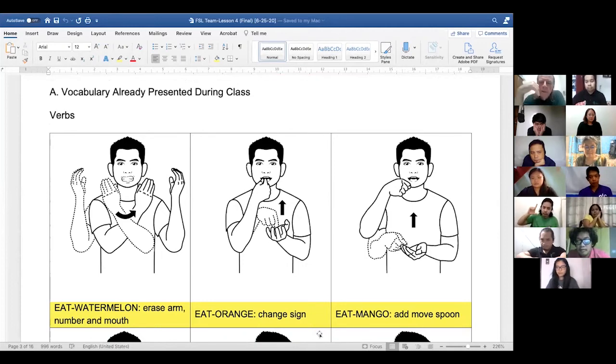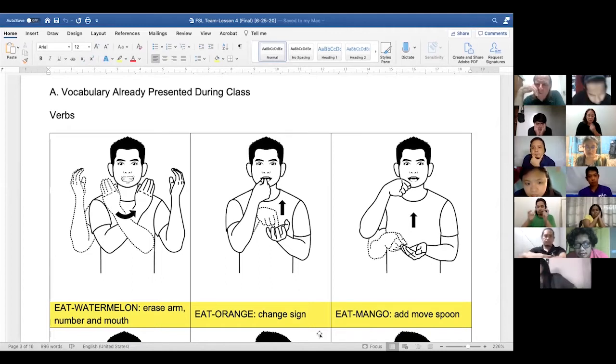So the eat orange sign, you're going to change that, right? Shaq has his hand out. Yes, we're going to change it. Okay. So what are you changing it to? I'm just curious.